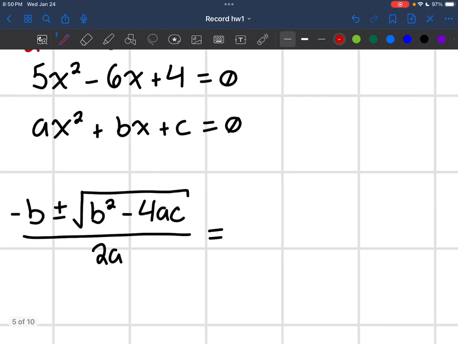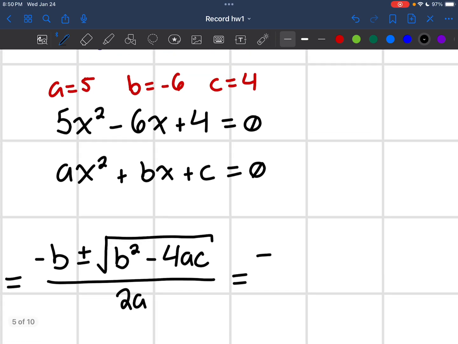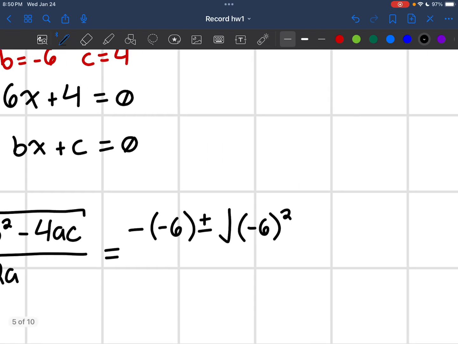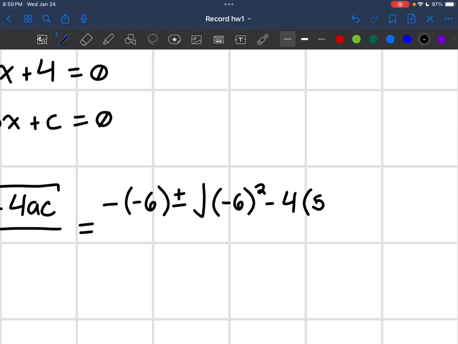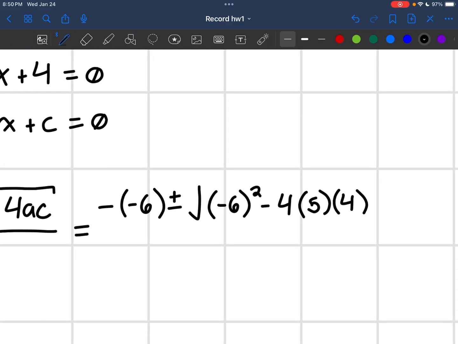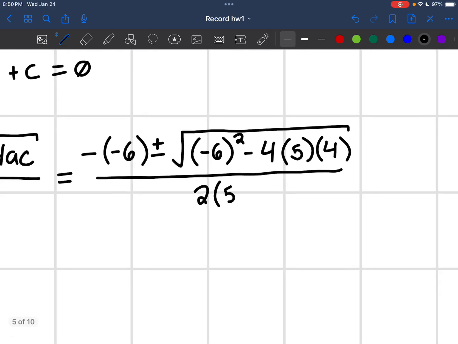So plugging that in, I have negative b is minus negative 6, plus or minus the square root of b squared minus 4 times a times c, all over 2, and a was 5. To keep checking so I don't forget.